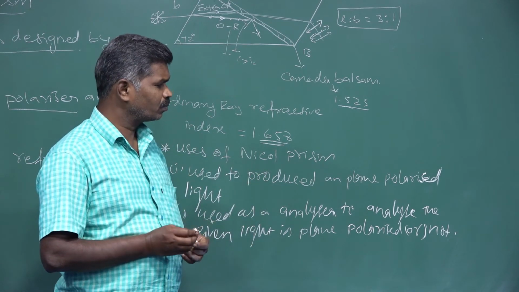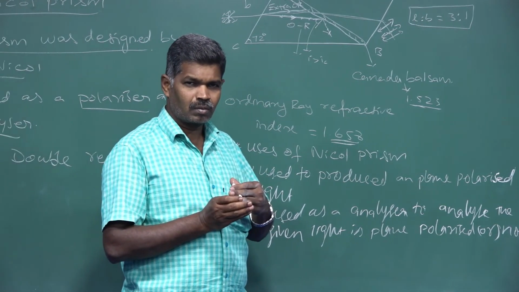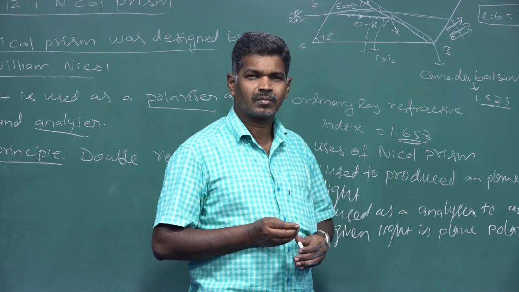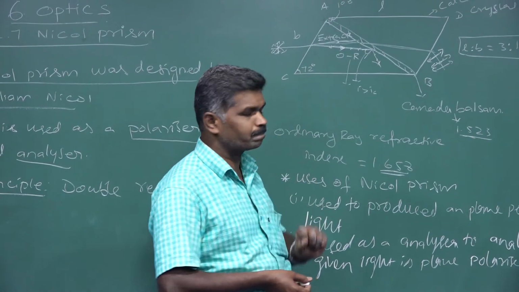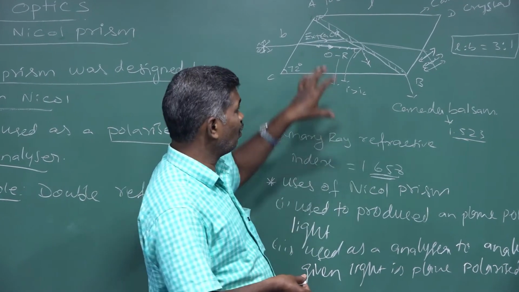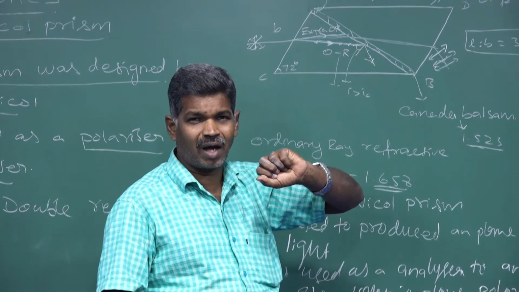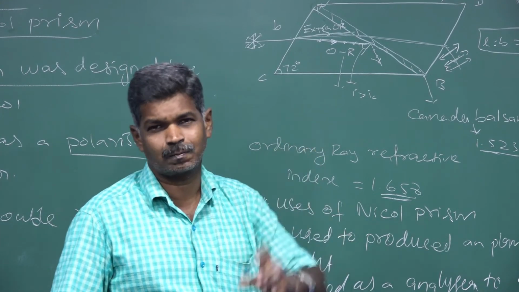Anyhow, this Nicol prism has certain drawbacks. What drawbacks? A larger size of calcite crystal that is flawless exists very rarely.